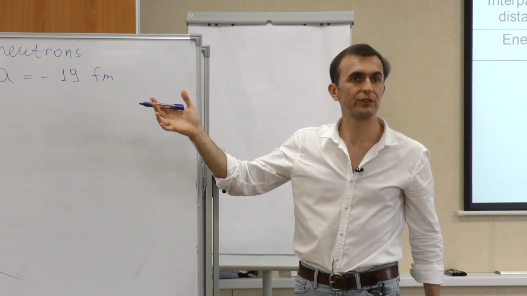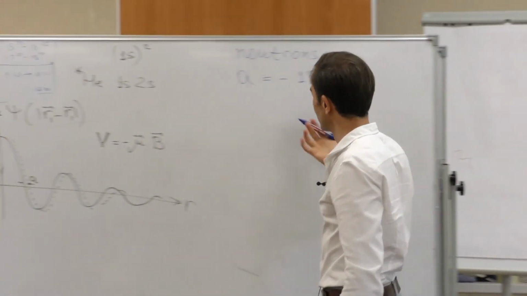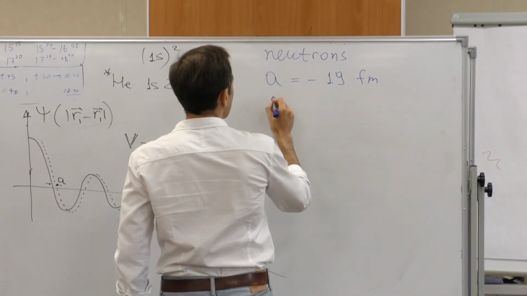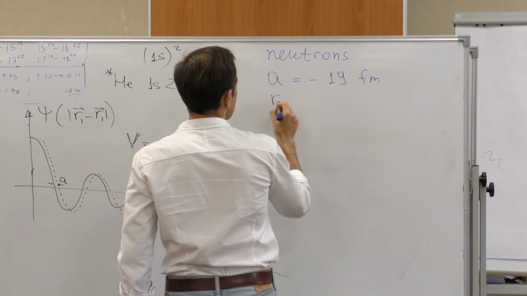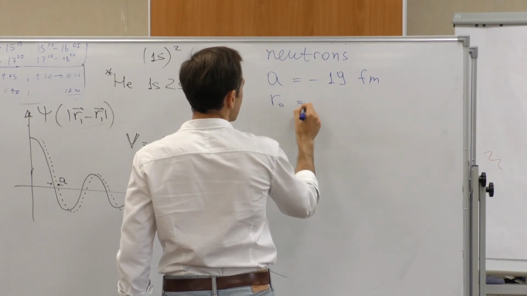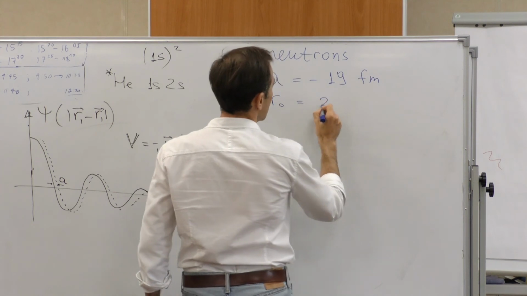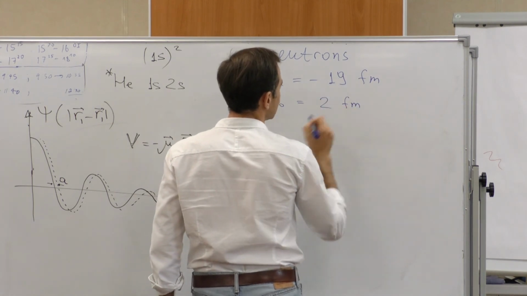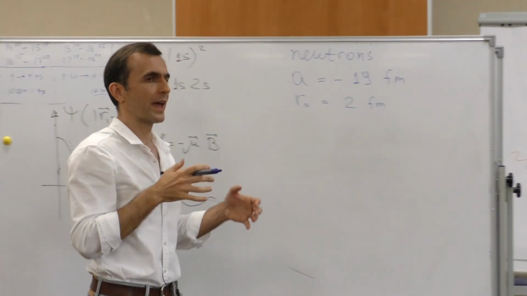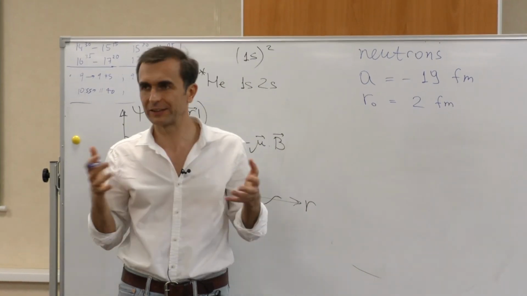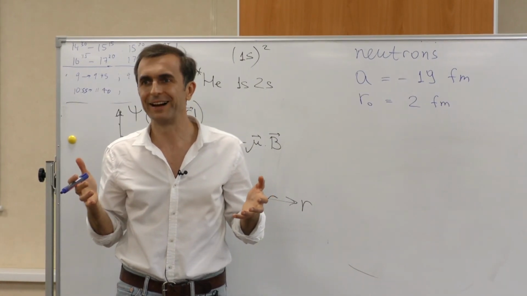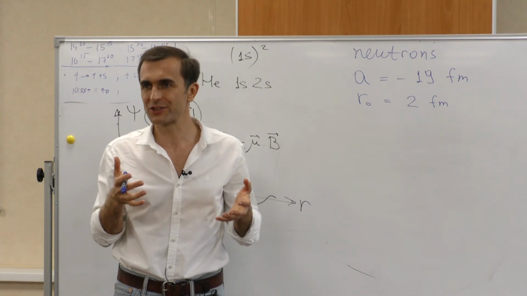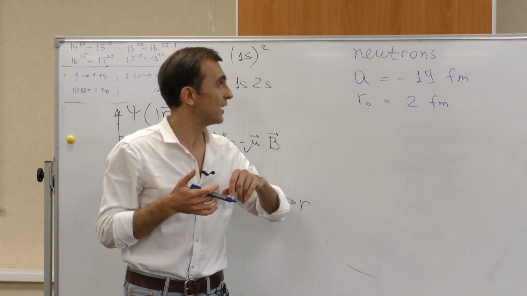Is it a lot or is it little? Well, let's compare to the size of the scattering potential. The size of the scattering potential is 2 Fermi. So it's very similar to the atoms. In the atoms, the scattering length is bigger than the interaction potential, and same in the fermions.